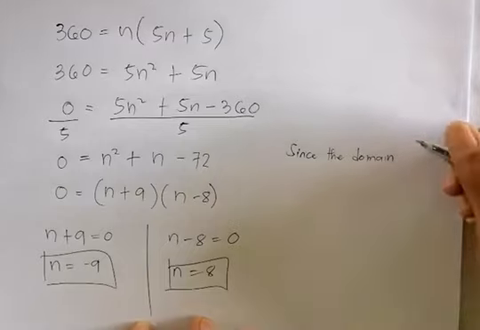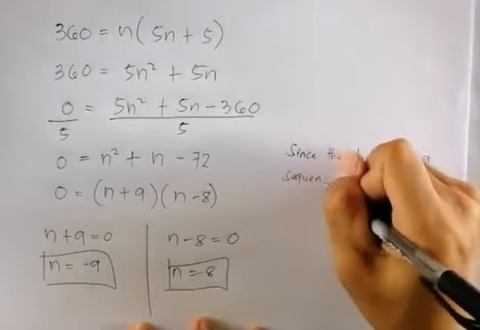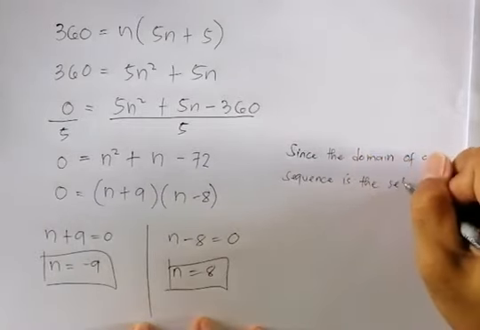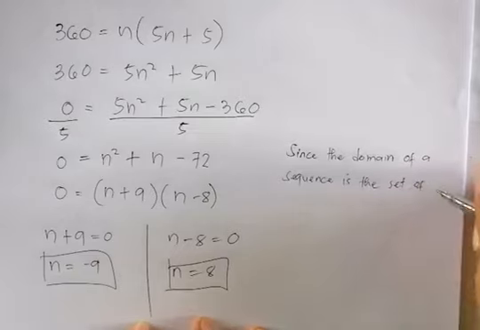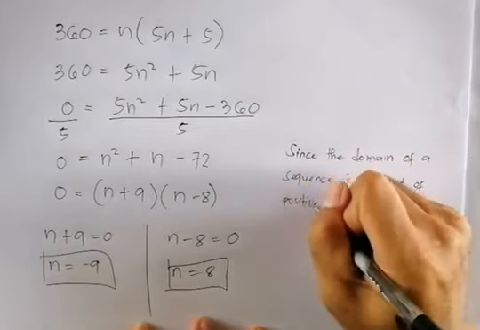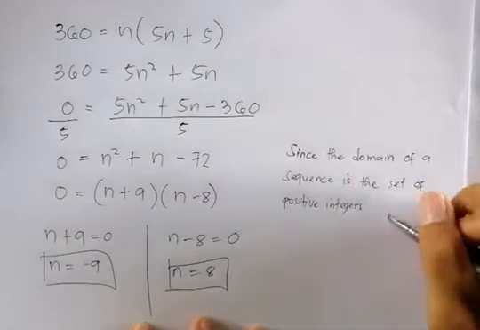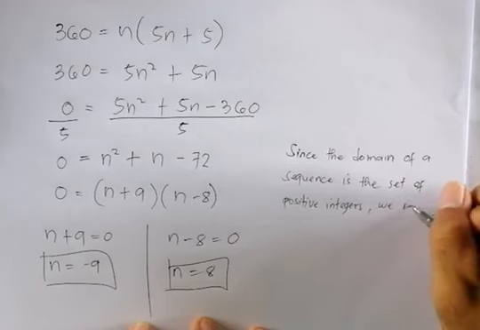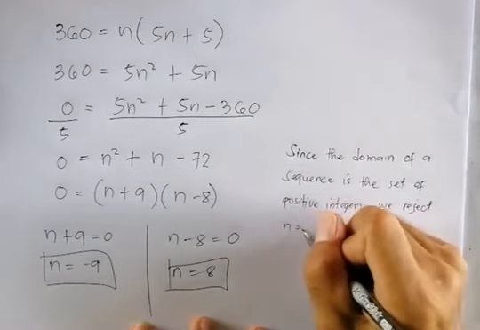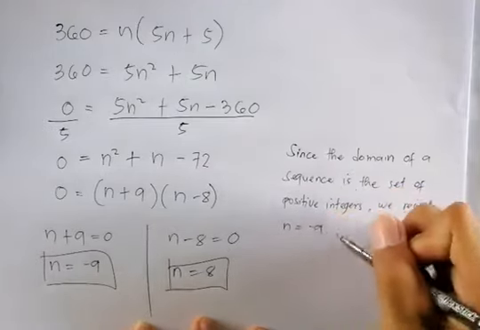Since the domain of a sequence is the set of positive integers, we reject n equals negative 9.